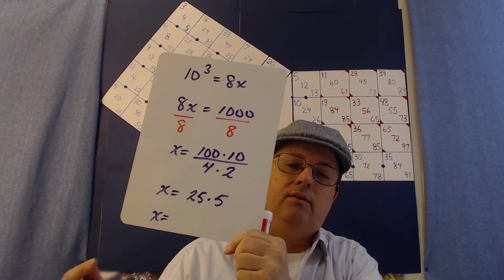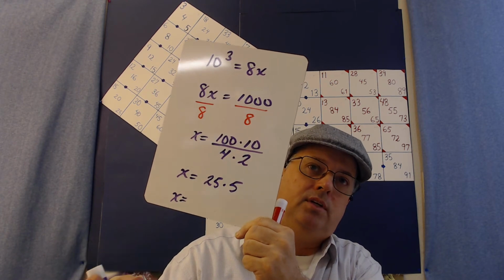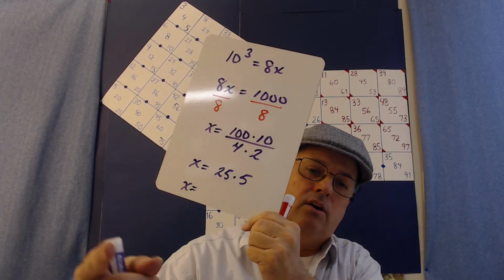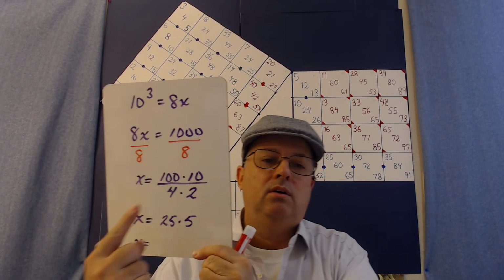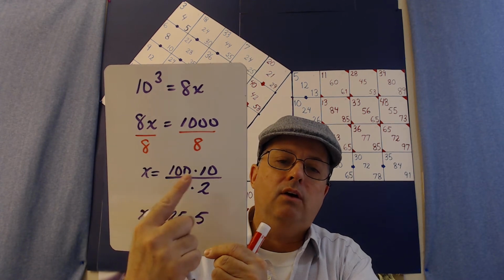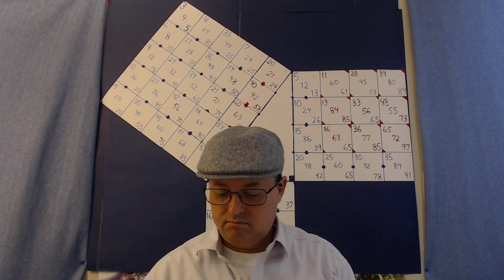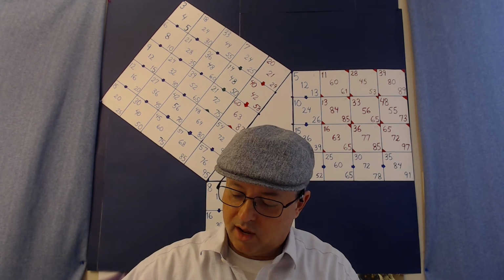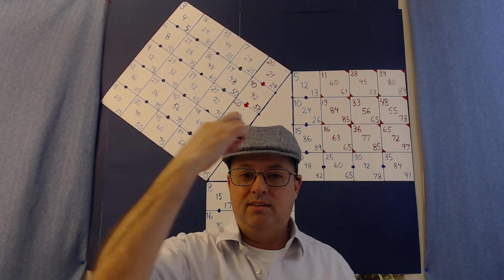25 times 5: 25 and 25 is 50, 75, 100, 125, right? 4 25s make 100, so another 25 makes 125, right? Okay. Who needs calculators when you have this calculator?